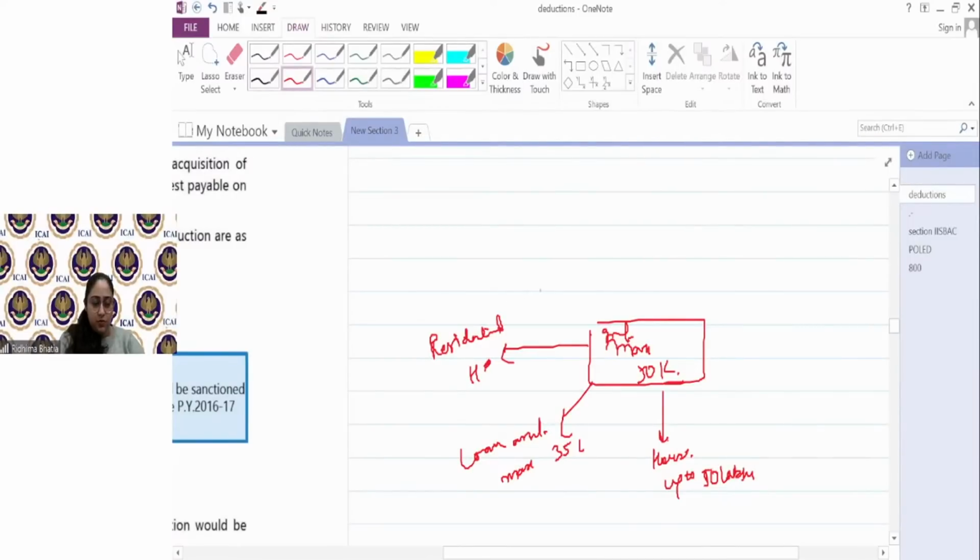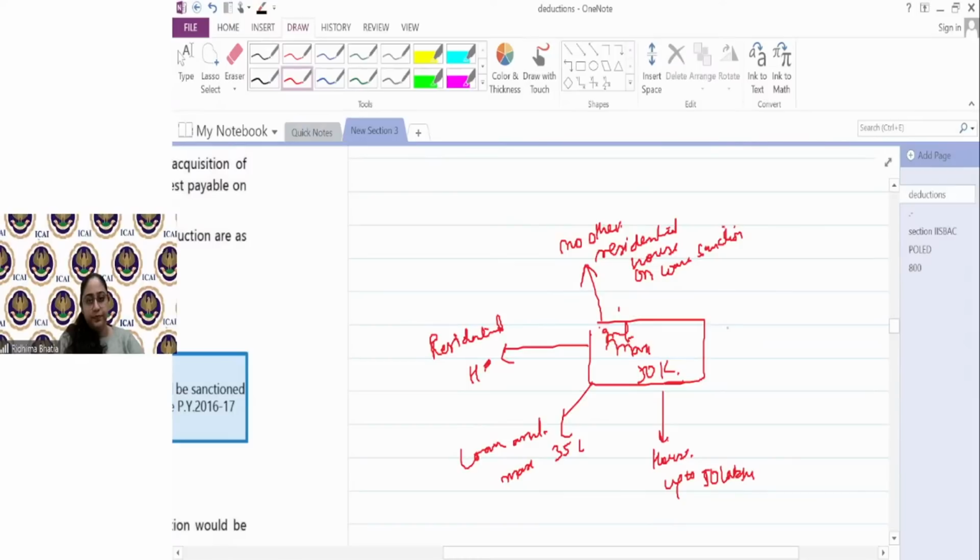Then there should be no other residential house held by the individual. We should not own any other residential house on loan sanction, लोन सैंक्शन बाद में ले सकते हैं, बट जब लोन सैंक्शन हो रहे हैं तब नो अदर रेजिडेंशियल हाउस.